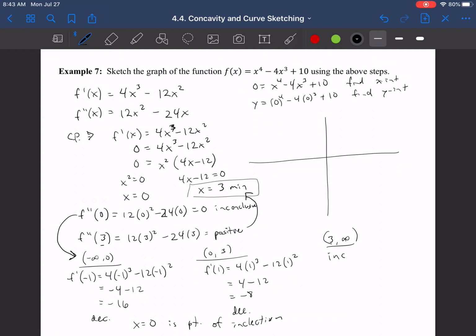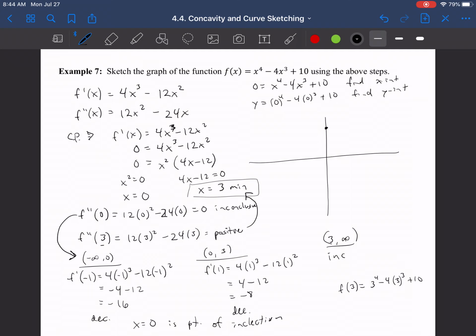And so when you do that, we can go through and put in all these little key points that we found, and you can take a look at this. So at x equals 0, we already know we need to be at 10, so we'll be up here. We know that we have a minimum at x equals 3, so you can do f of 3, and we can find out what that is. 3 to the 4th minus 4 times 3 to the 3rd plus 10.